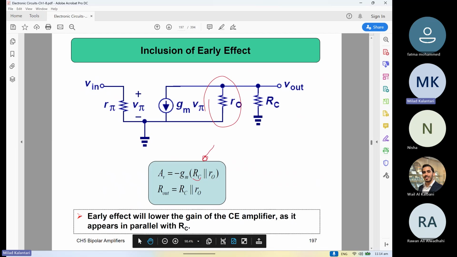For the voltage gain, we said that the gain is GMRC, right? But now, if you consider the R out, it will be GM times RC in parallel with R out. So in fact, if you want to get the highest gain, you need to increase the RC to infinity, right?